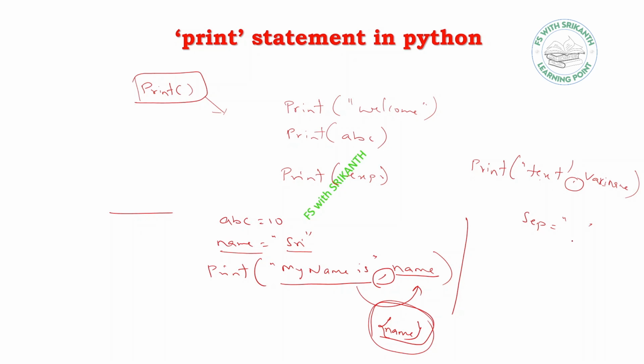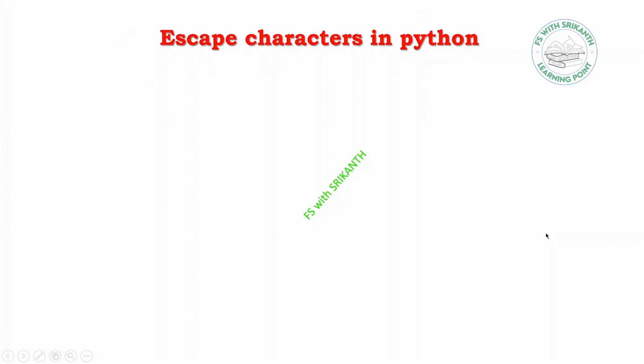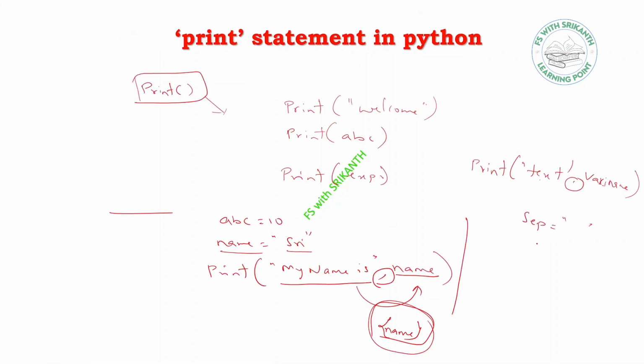What is sep? Sep adds either a comma, blank space, or any special symbol to be printed between them. And if you want to print something at the end of every statement, you can use end, which appends the text you placed here at the end of the line instead of the default new line character, right? So with the help of \n we can print.